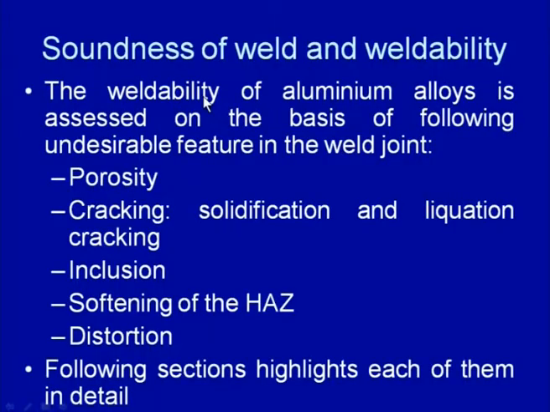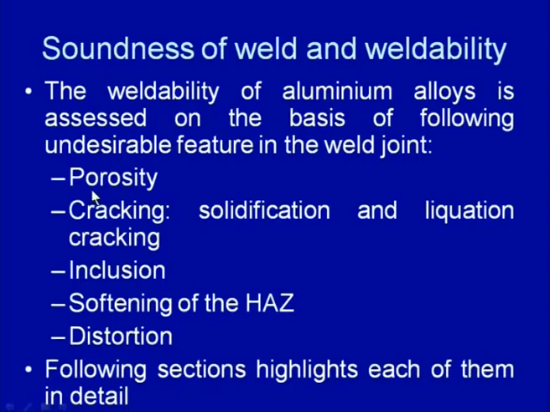Now, as far as the factors that decrease the quality of the weld joint of the aluminum alloys, and which in turn affect the weldability, we need to see what are the undesirable features that are commonly developed during the welding of the aluminum alloys. These include porosity, cracking, which is in the form of solidification cracking and liquefaction cracking.